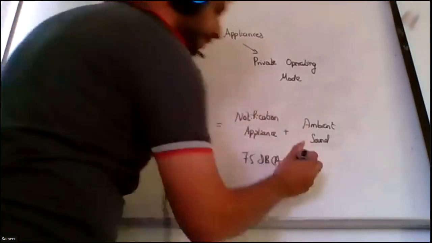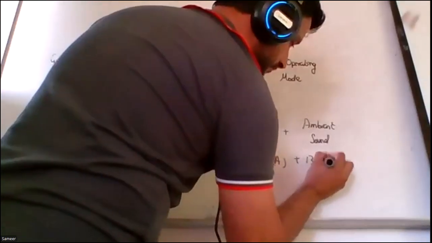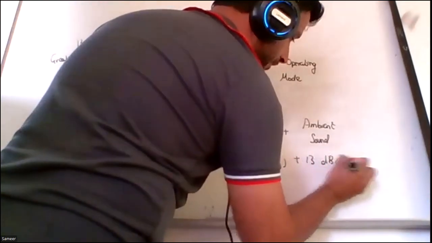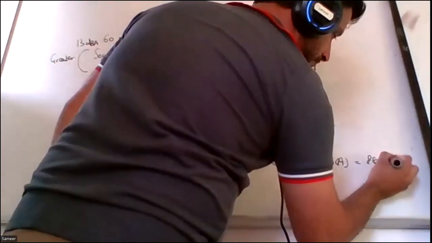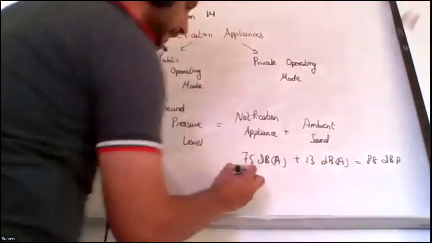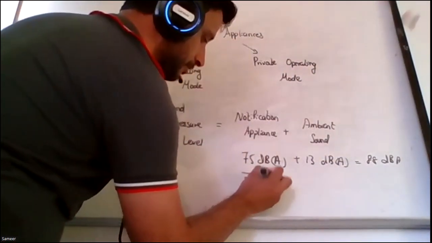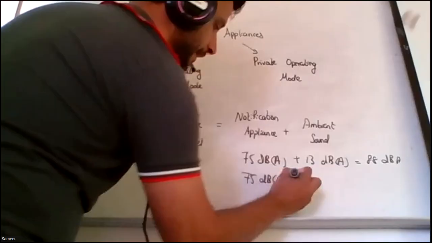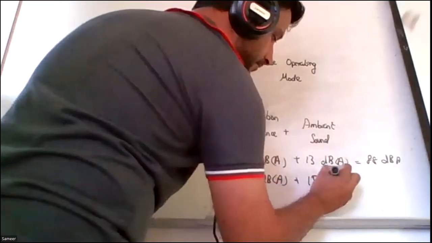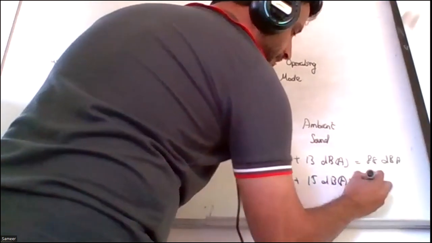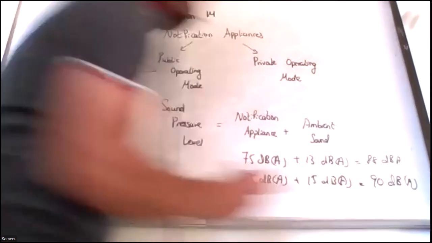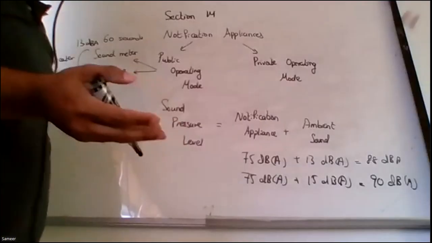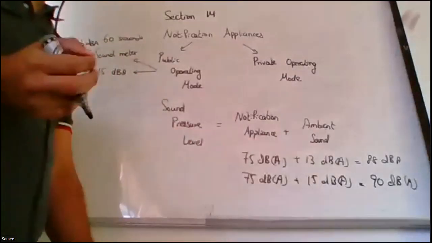So I add 13 dBA here: 75 plus 13 gives me 88, right? And I will take the second requirement also, add 15 dBA, which gives me 90 dBA. So which one will I select? Whichever is greater, that is 90 dBA.